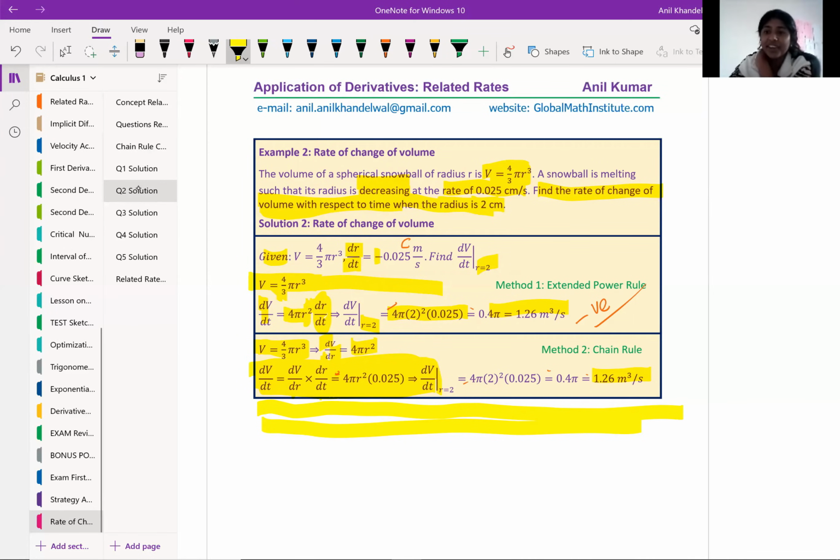So if you incorporate the word decreasing in your answer, then you don't need to put the negative. Then you're not wrong because you just took a rate of change and in your mind it was decreasing, decreasing, decreasing. You said decreasing in the answer, right?